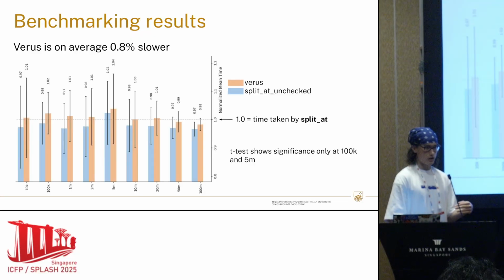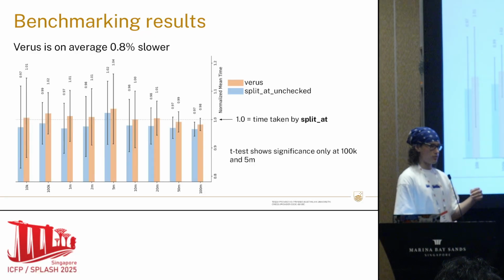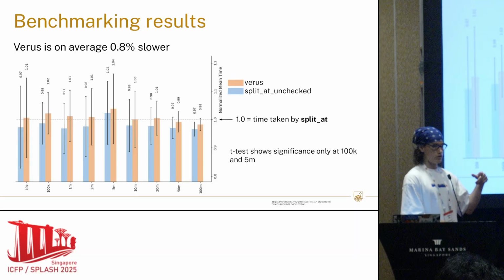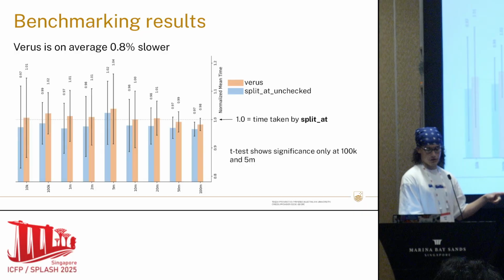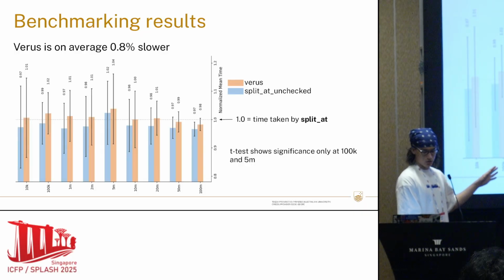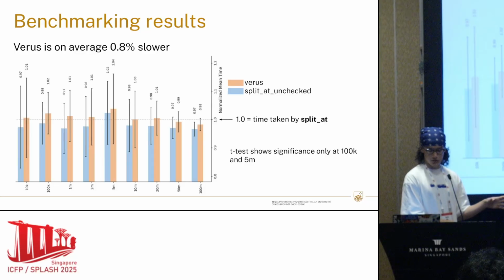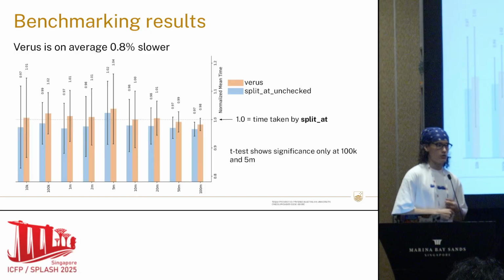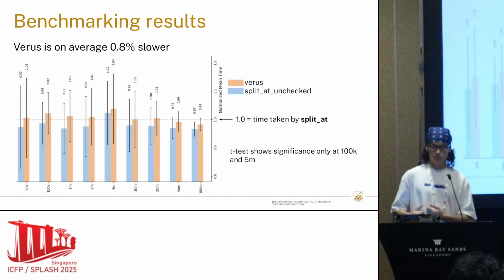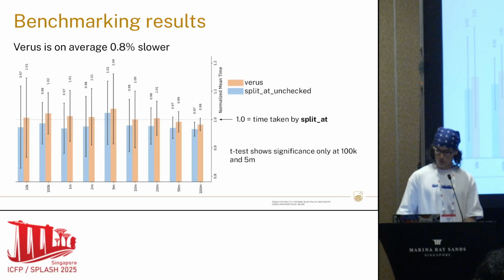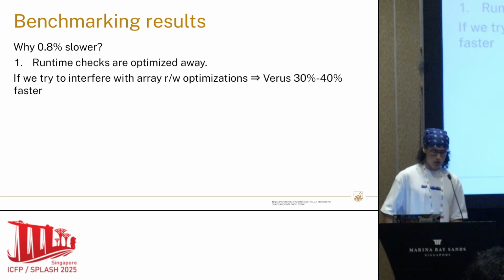And split_at_unchecked is the same algorithm as split_at, but we use the unchecked versions, so they don't do index checks. We see that whenever we don't do index checks and use the same implementation, we are slightly faster, 1 to 2 to 3% faster. But when we use our verified version, we are mostly the same, and on average 0.8% slower. Why are we slower?